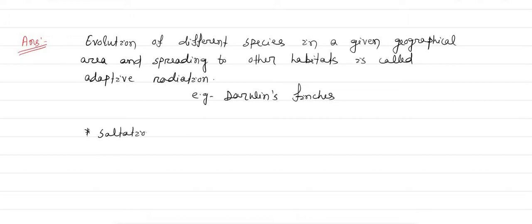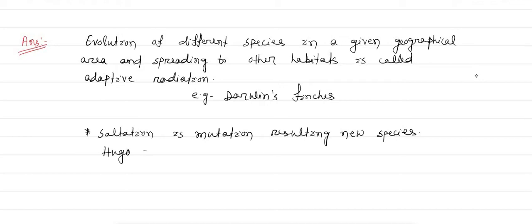Saltation is mutation resulting in a new species. Hugo de Vries proposed the saltation.